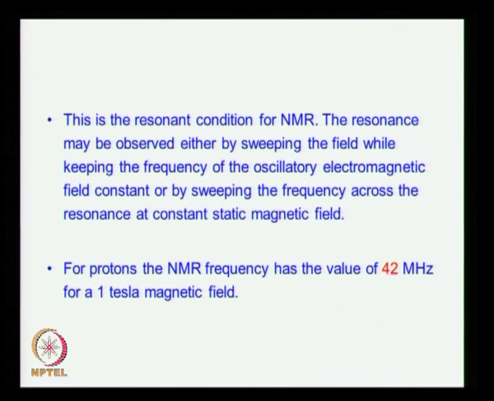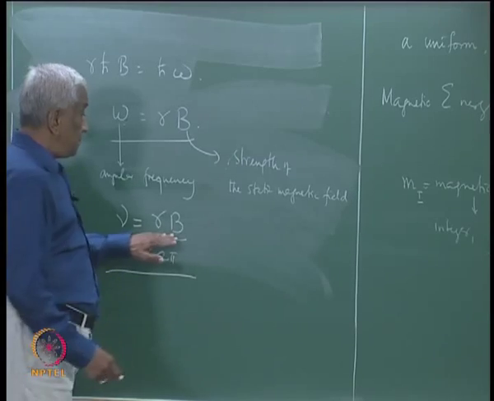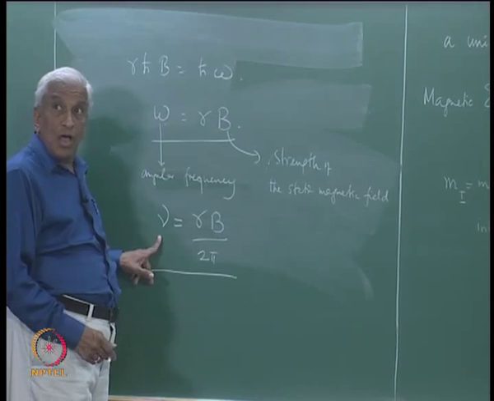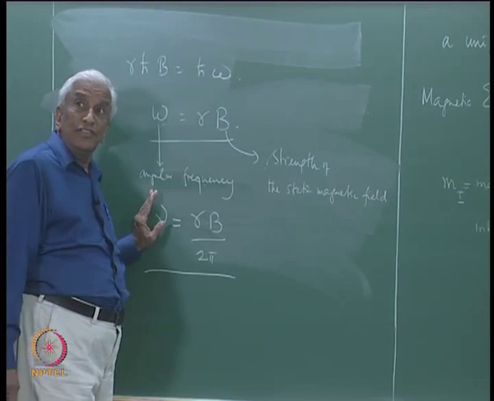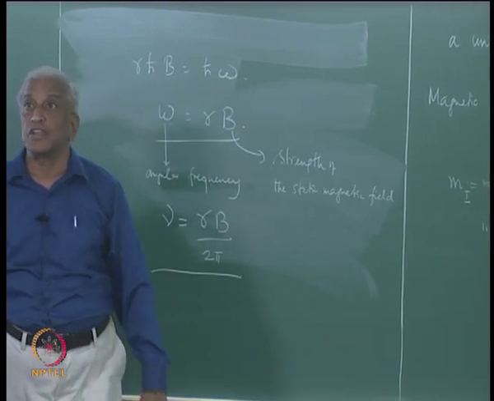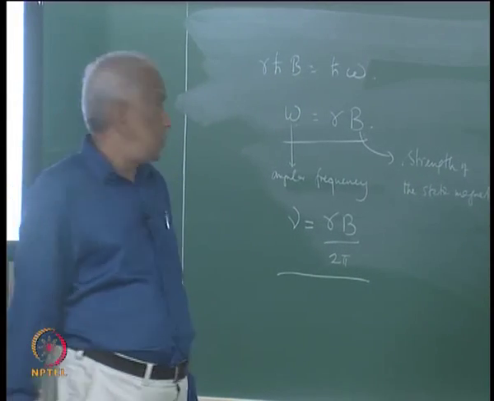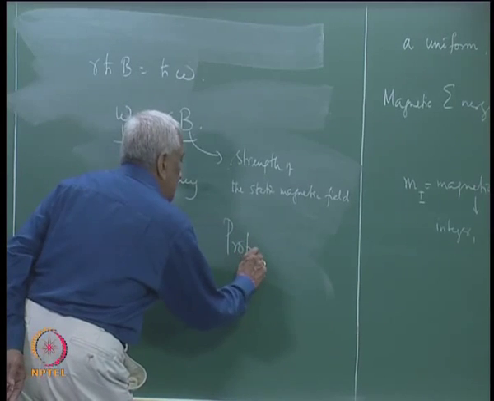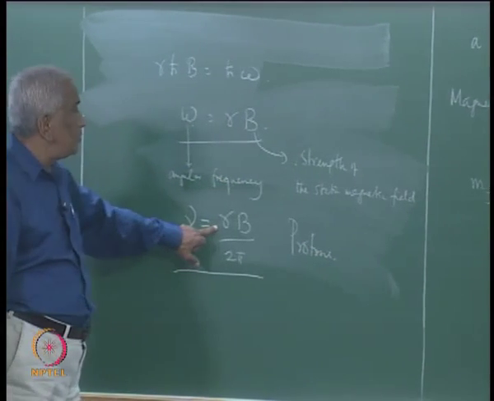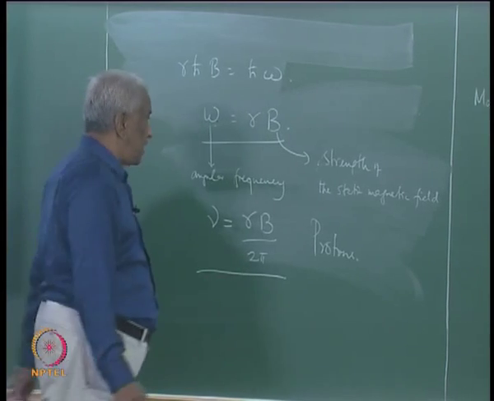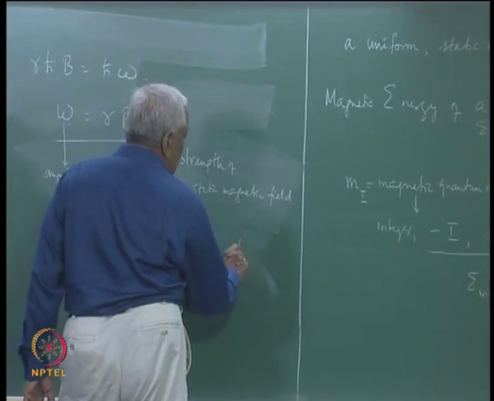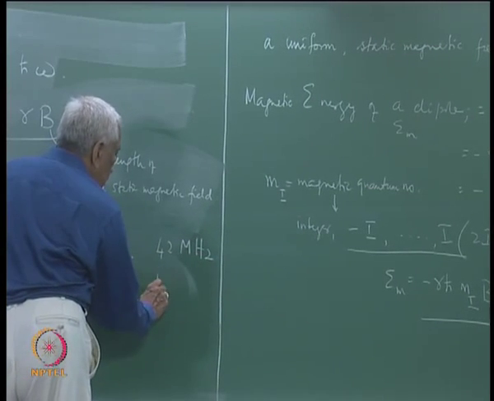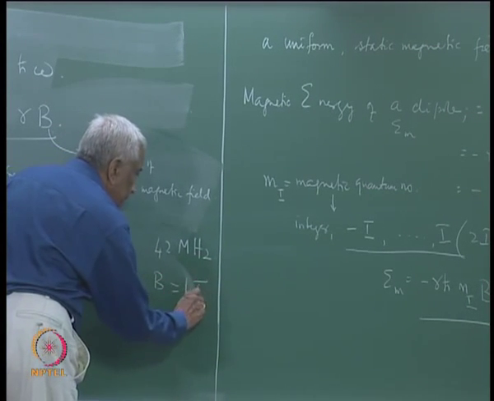This resonance may be observed either by keeping the field constant and sweeping the frequency of the oscillator, or you can hold the frequency constant and sweep the field across the resonance. For protons, since gamma is a constant e by 2m and this is 2 pi, this can be calculated. The value is about 42 megahertz for an applied static field B of 1 Tesla.